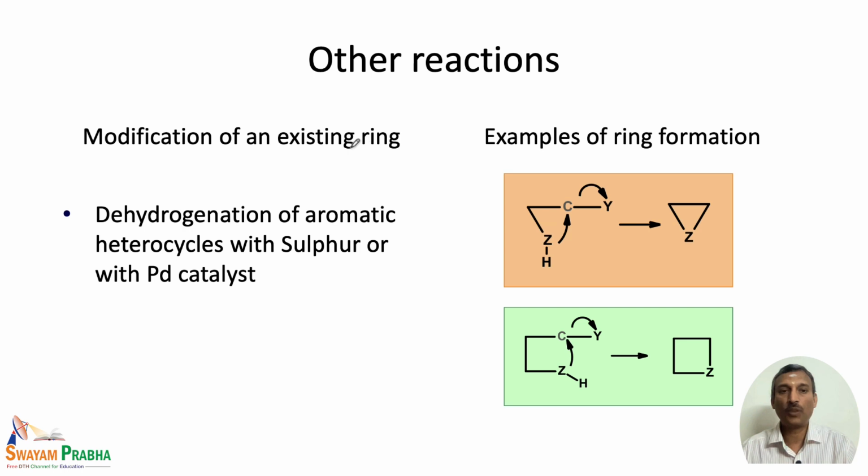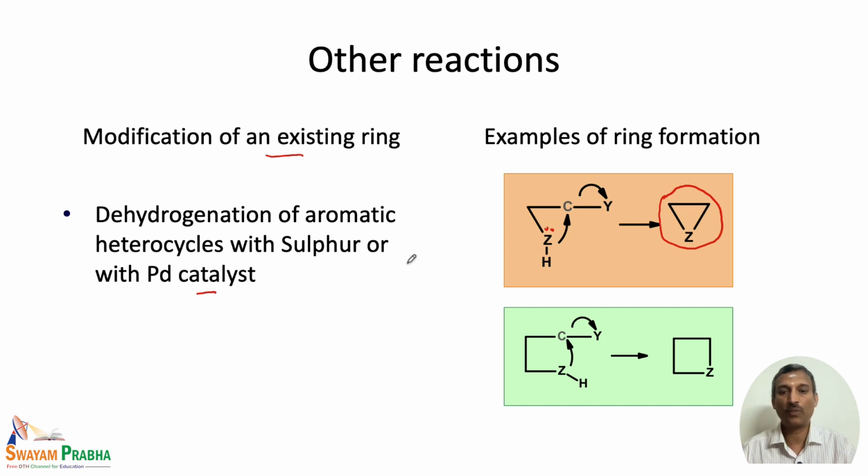So, other types of reactions are modification of the existing ring, or examples of ring formation. What we can have is an intramolecular reaction as shown here. The nucleophilic system, that is the heteroatom, attacks the carbon having a good leaving group, which leads to cyclic system formation. This is one type of reaction. And also we can see dehydrogenation of aromatic heterocycles with sulfur or palladium catalyst leads to the formation of cyclic systems.